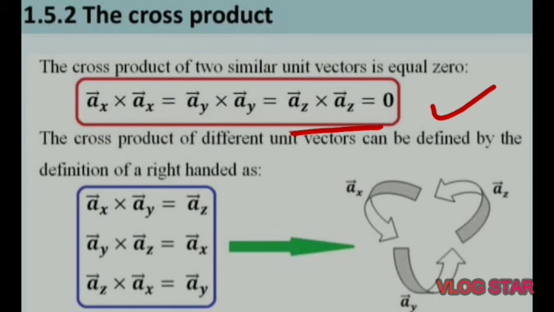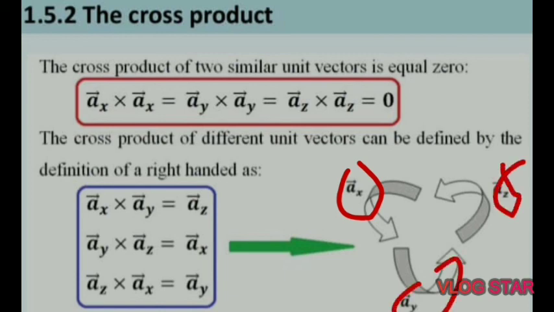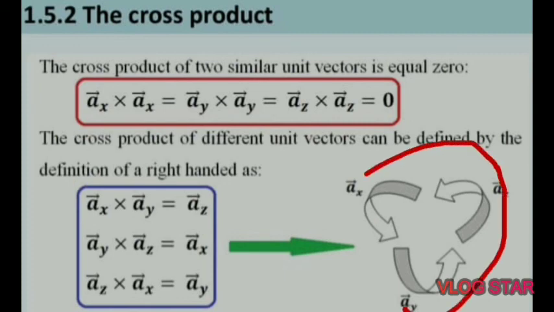And the cross product of two different unit vectors can be defined by the definition of the right-handed or left-handed system. If we consider the left-handed system, then it is denoted by AX bar, AY bar and AZ bar. If we consider X, Y, Z in this manner, then it is considered a right-handed system.